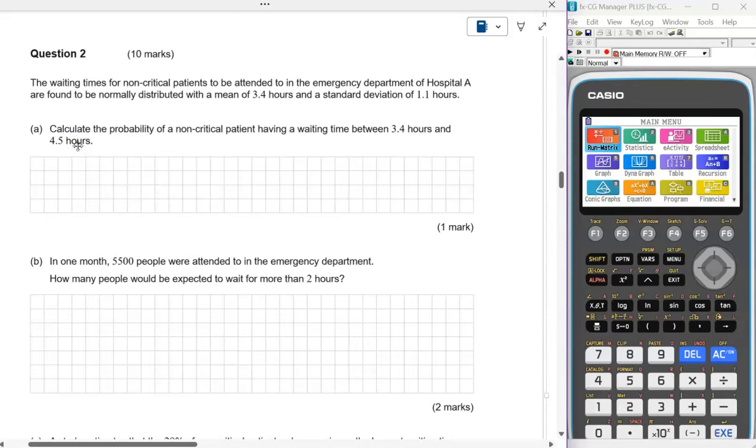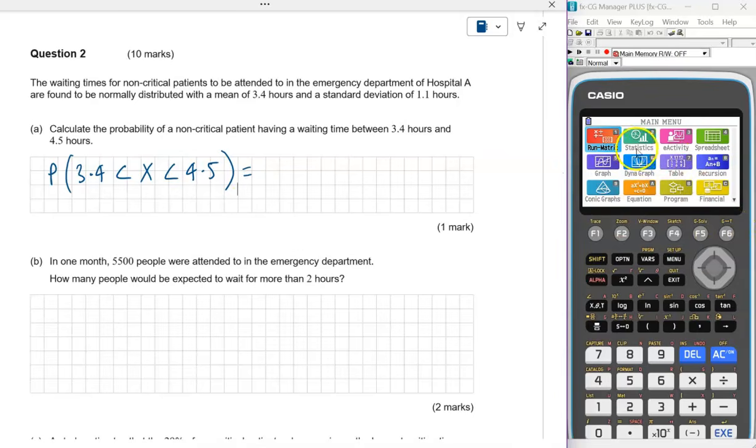We know, well, some of us should know from experience that the answer is going to be approximately 34%, but let's actually work that out using the graphics calculator here. So we're looking for the probability that a patient waits between 3.4 and 4.5 hours. So that's our notation.